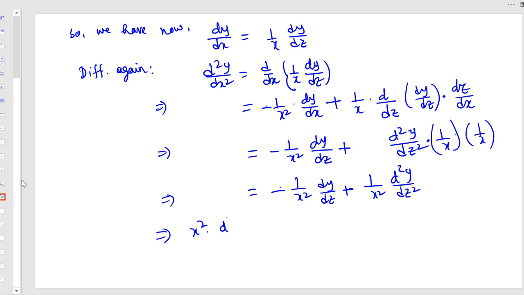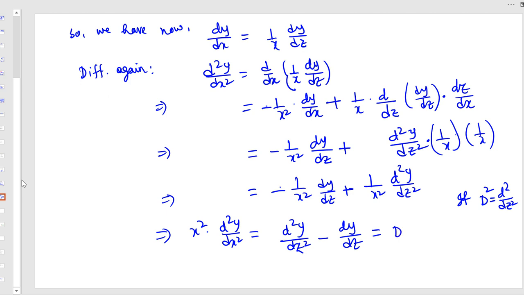so x square into d2y by dx2, what you will get here is actually d2y by dz2 minus dy dz. So again you will take the D notation. If D2 equals d2 by dz2, then you get here D2y minus Dy, or you can write D into D minus 1 into y.